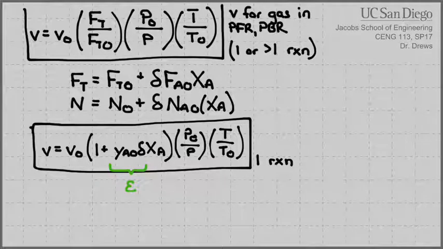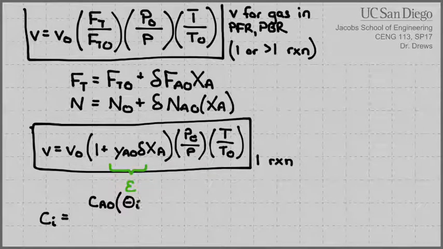So that means the general form that we have, any C_i is going to be equal to C_A0 times (theta_i plus nu_i times X_A).